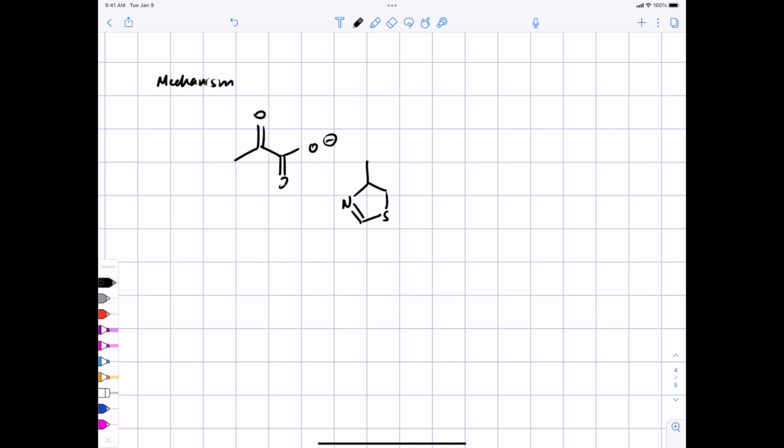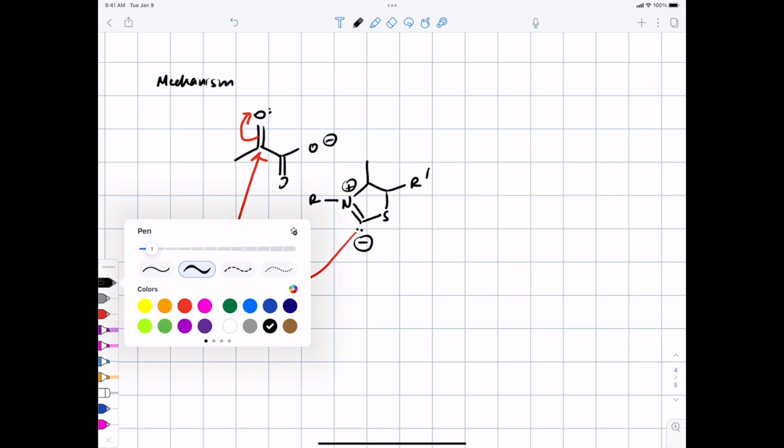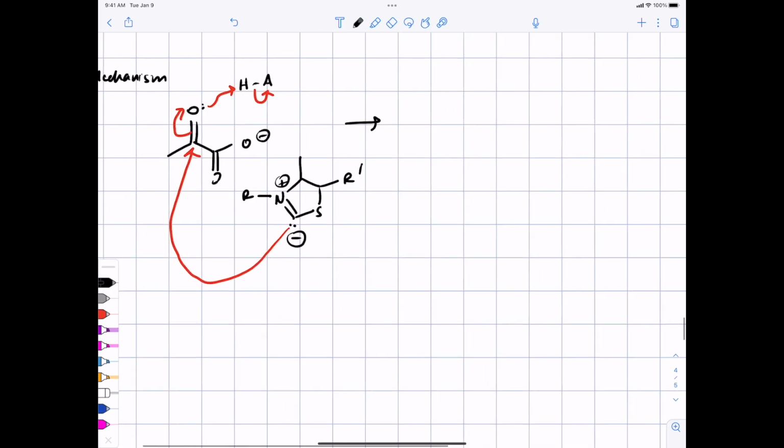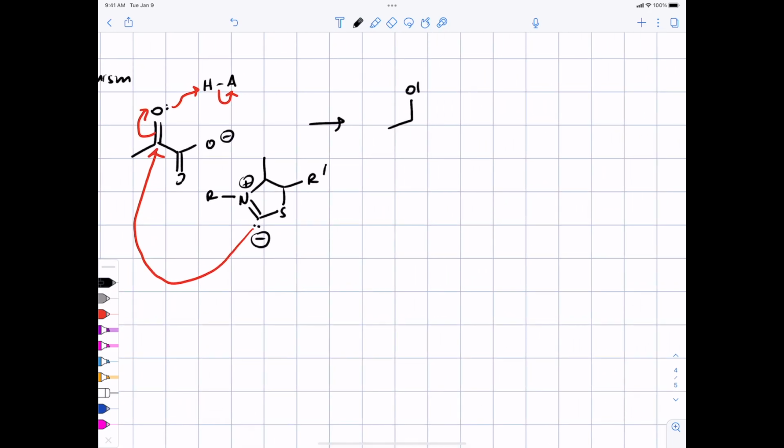And here's your thiamine ylide. So the nucleophile attacks the ketone to get a tetrahedral intermediate. I'm not going to show the negatively charged tetrahedral intermediate. I'm going to show it getting protonated in the same step by some acid. It could be a group from the enzyme helping to catalyze the reaction.